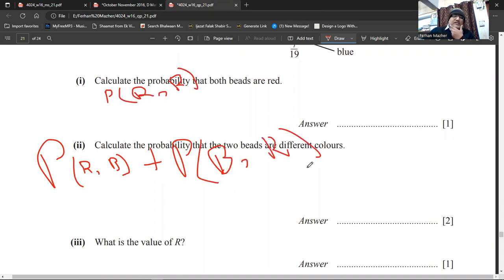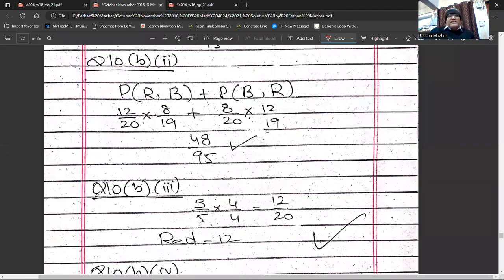These are the 2 different colors. So the probability of the red comma blue plus the probability of the blue comma red, very simple, that will be 12 by 20 multiply 8 by 19 plus 8 by 20 multiply 12 by 19. You will get 48 by 95. 48 by 95 is the right answer, sir.